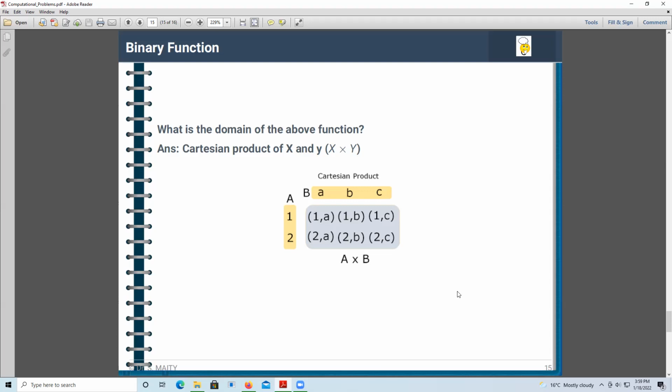Now all the definitions we have discussed earlier, into, onto, one-to-one, bijective, and inverse functions, are applicable to n-ary functions also. Similarly, they are applicable to all types of functions, not only unary functions. They are applicable to binary or any n-ary function.